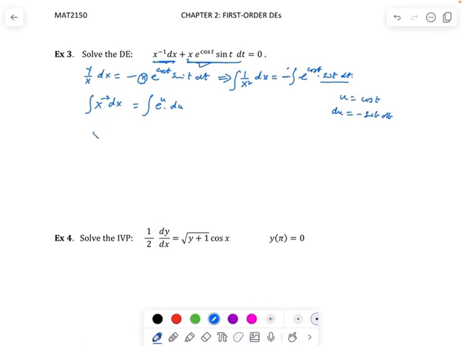So on the left hand side, I get x to the minus 1 over minus 1 equals e to the u plus c. So that we get negative 1 over x equals e to the cosine t plus c.